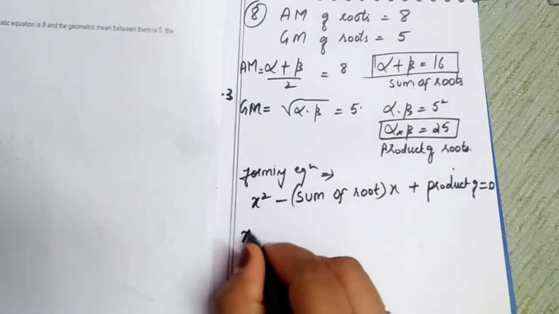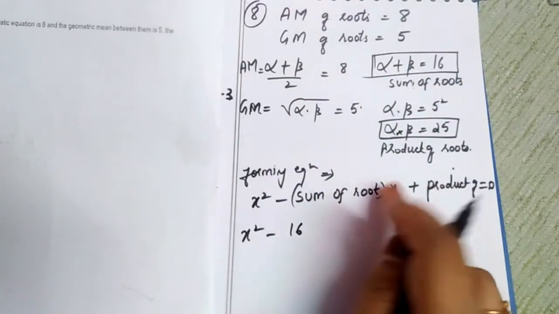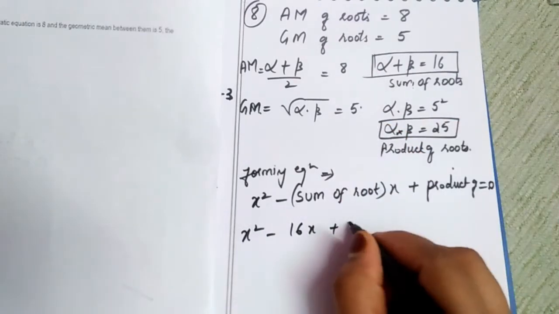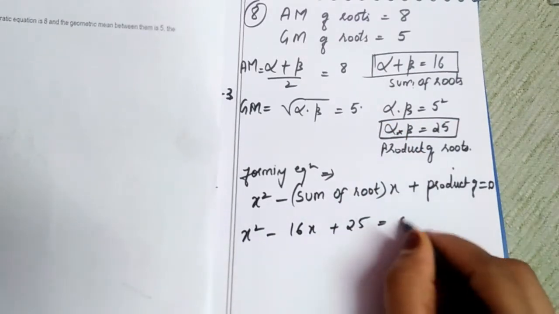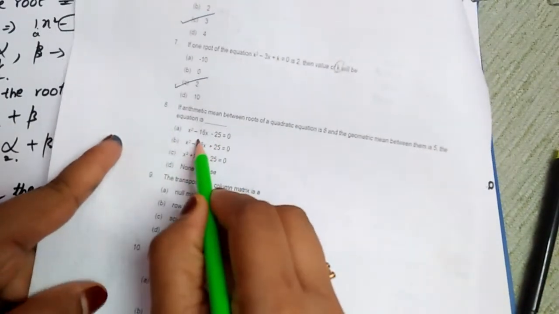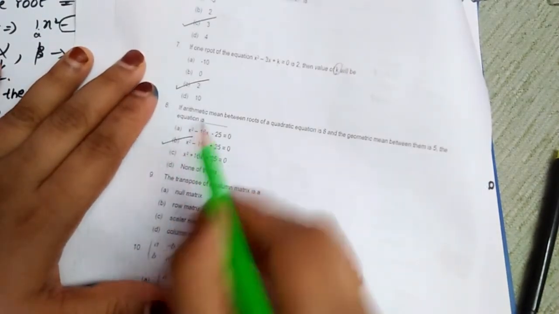So x square as it is, the sum of the roots we got is 16, and x we take as it is here. The product of the roots that we got is 25, which is equal to 0. So this is the answer. x square minus 16x plus 25, right? This is the answer. B is the answer.